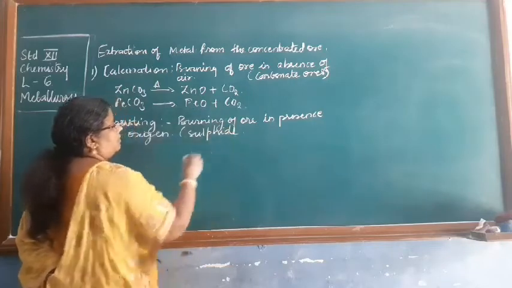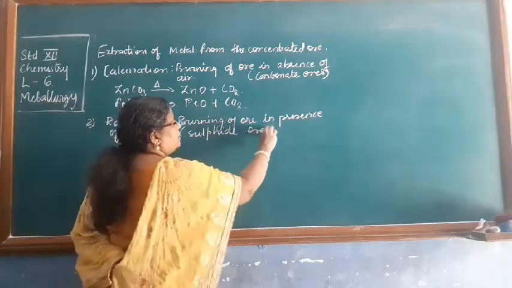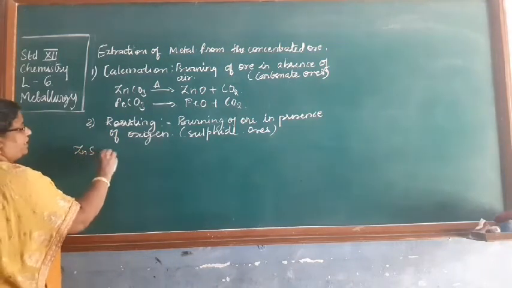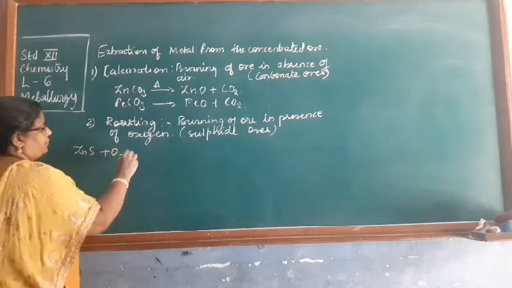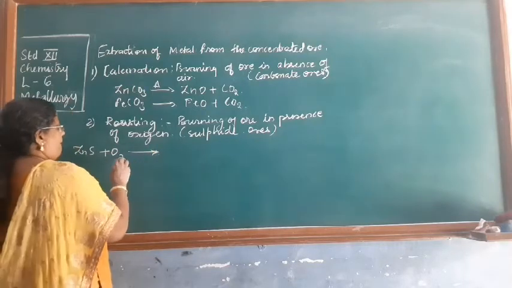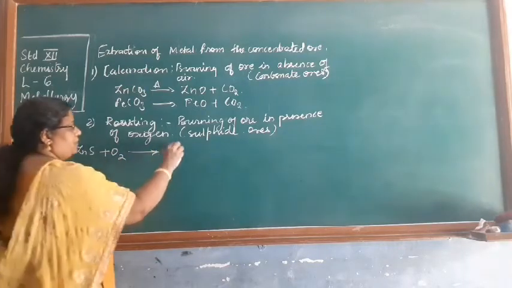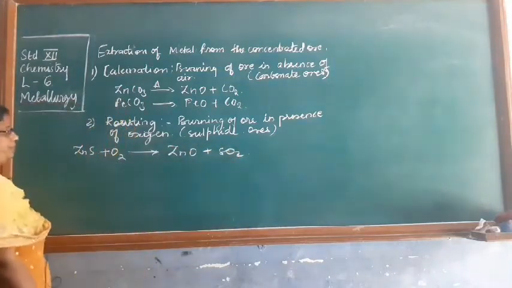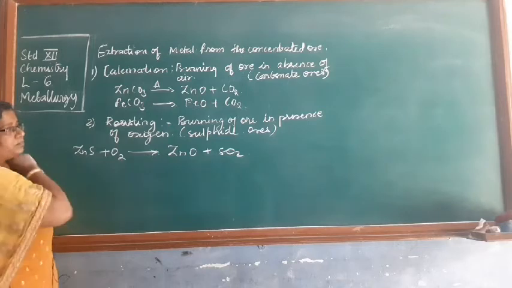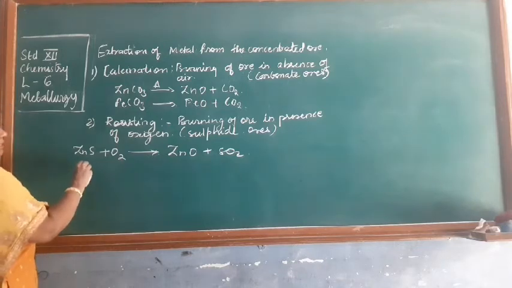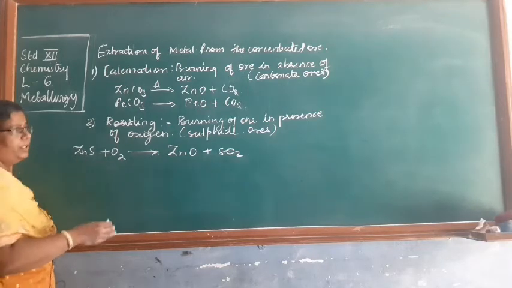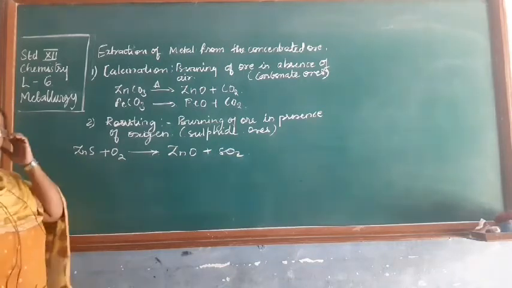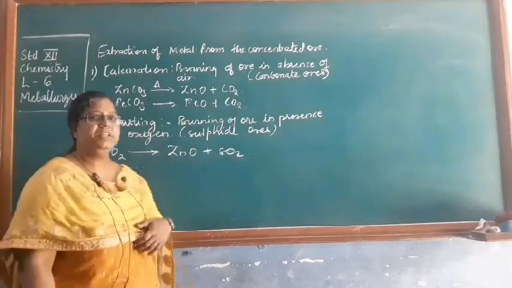they undergo roasting. Similarly, ZnS with O2 gives you what? The sulfide form will get converted to ZnO plus SO2. Similarly, any sulfide ore will get converted to the corresponding oxide and the sulfur dioxide is removed.